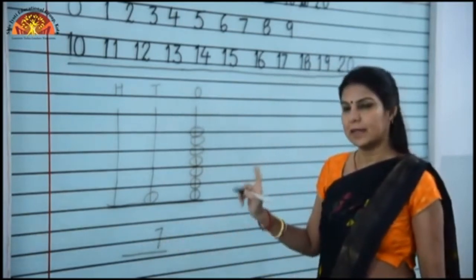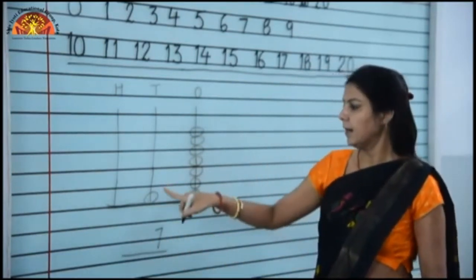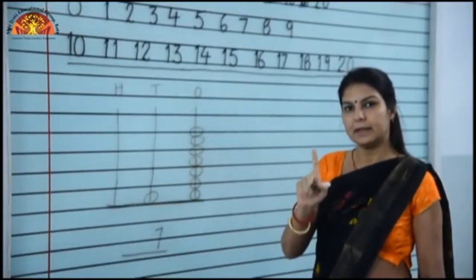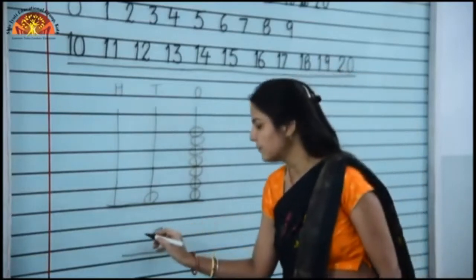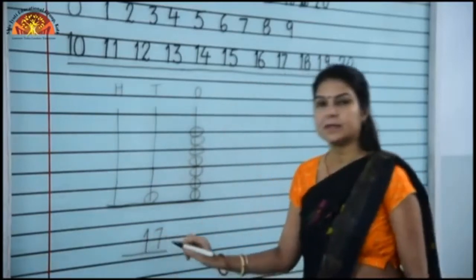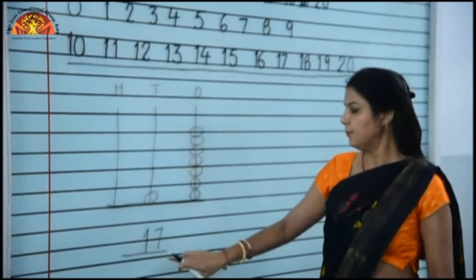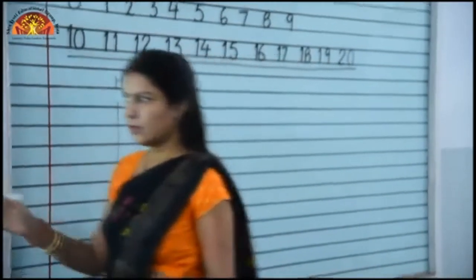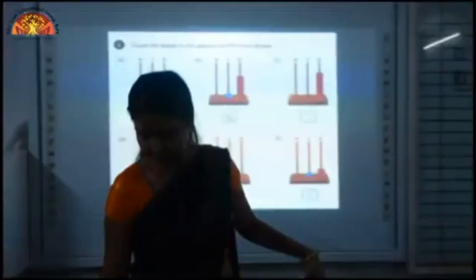So we will write 7 at ones place. And how many beads are here at tens place? 1 bead is here at tens place. So we will write 1 at tens place. Which number is here? The number will become 1, 7, 17. Rest of the sums you can do yourself.